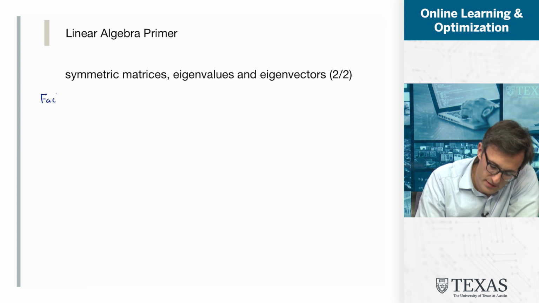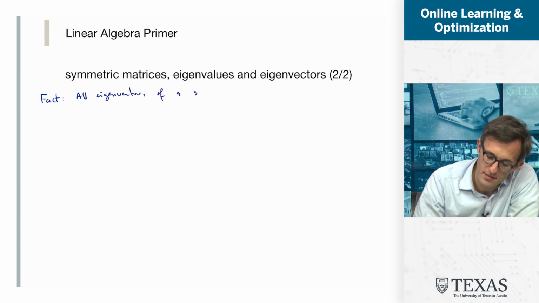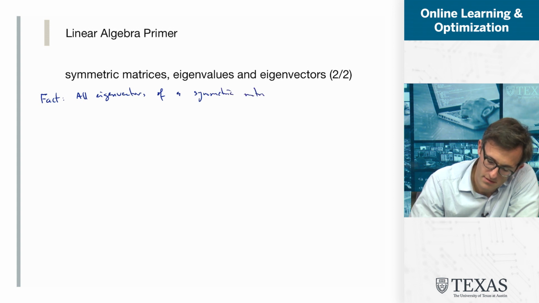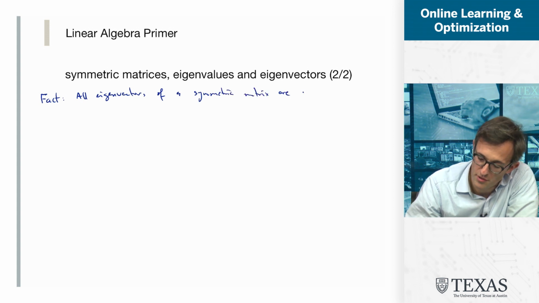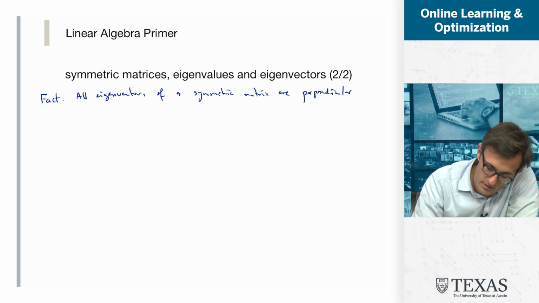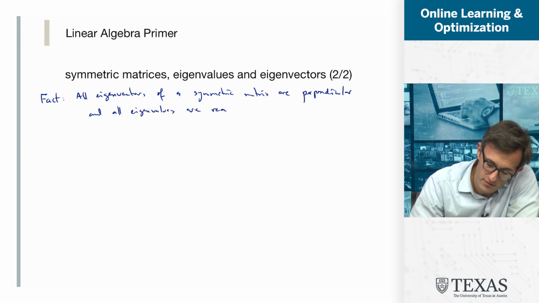A key fact that we need is that all eigenvectors of a symmetric matrix are perpendicular to each other. And this is very special. And all eigenvalues are real.